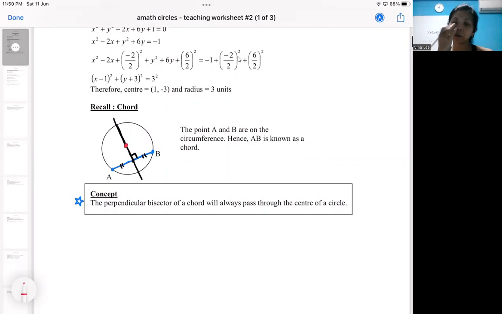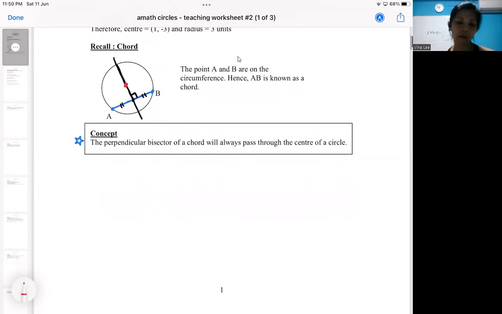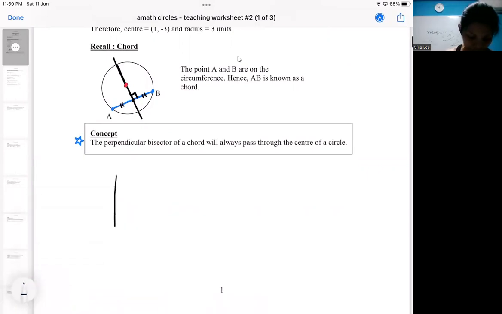Okay, so there are two extreme situations. The extreme situation for this is when the chord is vertical or horizontal. So there can be a description like this. So this is the situation where the chord is a vertical line.